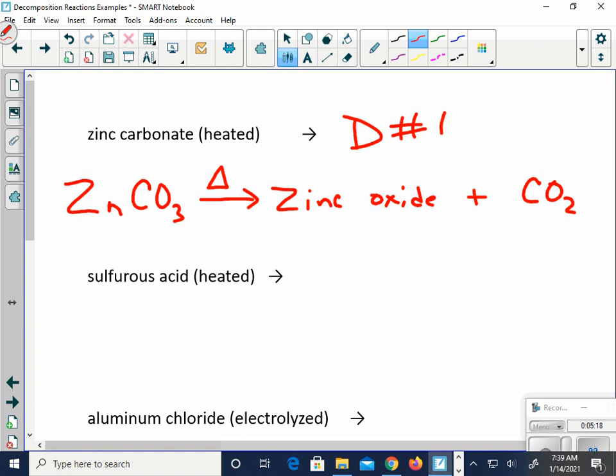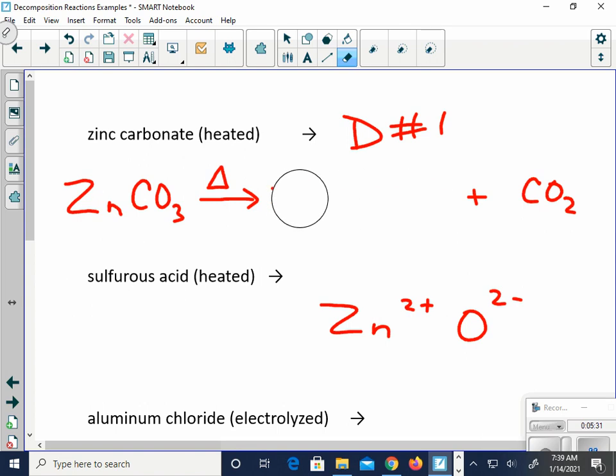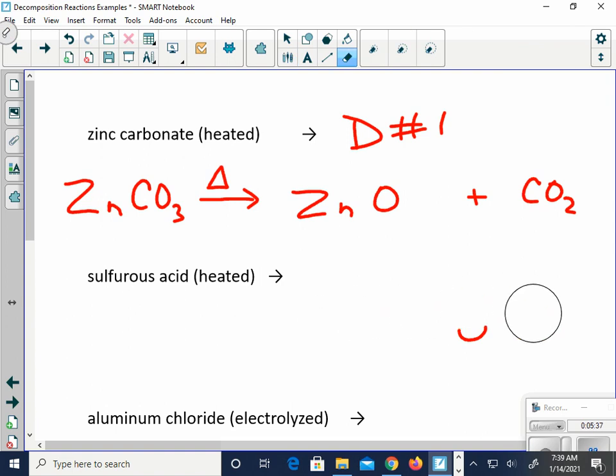In my thought process now, I know zinc is a 2 plus, oxygen is a 2 minus, so my zinc oxide is going to be ZnO. Now I'm going to step back and look.